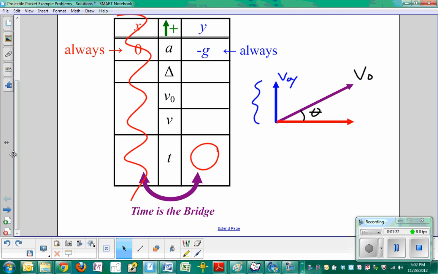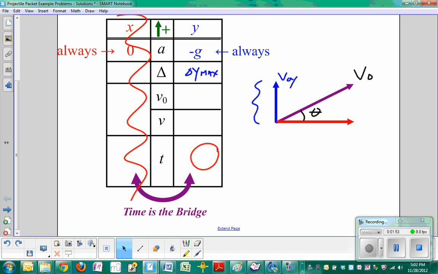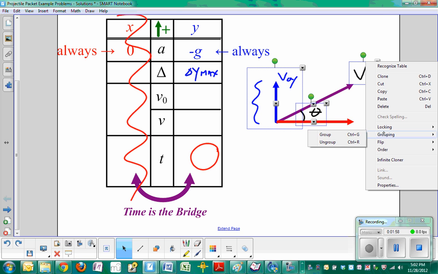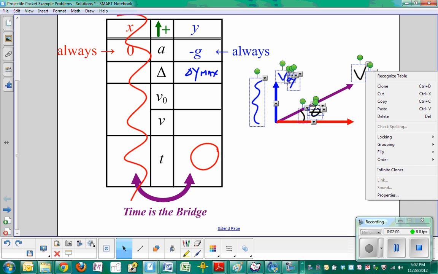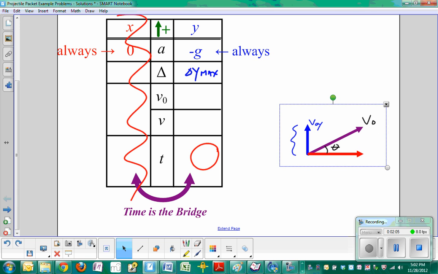So let's get straight what we have going on here. We have g as our acceleration, as always. We're looking for delta y max. That's important because we have a specific thing that goes with that. We have a special case here: when we have a max height problem, we know that Vy is 0 at maximum height.